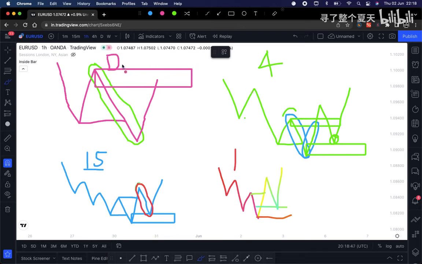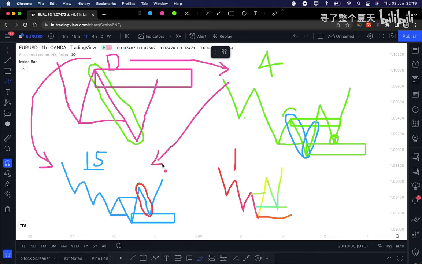When you're looking at the daily, you can't refine the daily time frame point of interest on the M15. That's called over refining. You can only refine your daily time frame point of interest on the 4-hour time frame, and you can refine a 4-hour time frame point of interest on the M15, right?